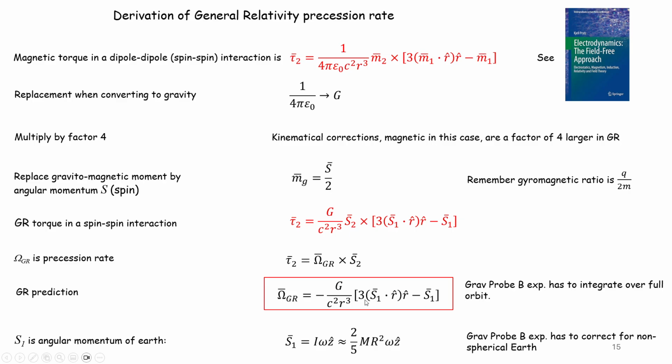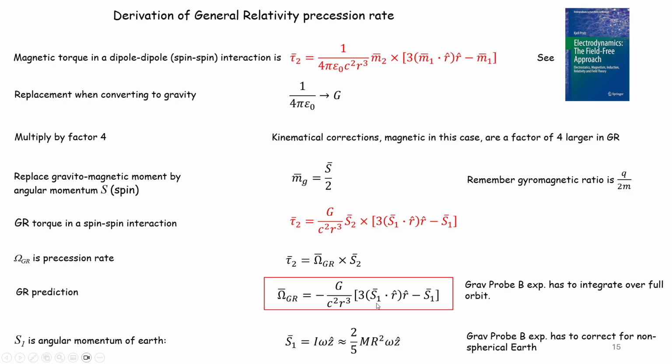What they have to do to estimate the general relativity prediction is to integrate over a full orbit, because the spinning spheres are placed on a satellite. There are 5 of them, and the satellite has to be put in an orbit, of course.